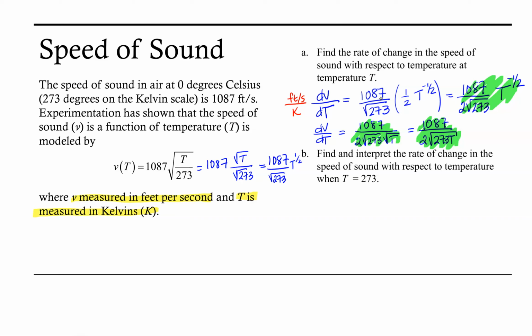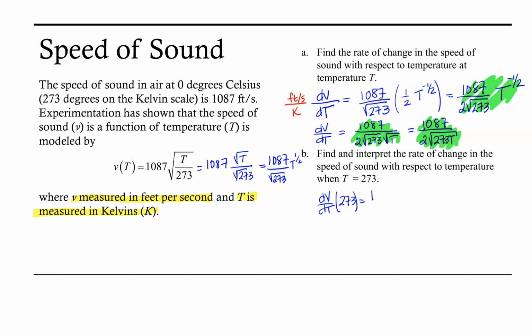Now what we want to do is find and interpret the rate of change in the speed of sound with respect to temperature when T equals 273. So now we're looking at dv dT, the derivative of speed of sound with respect to temperature, when temperature is 273 degrees Kelvin.